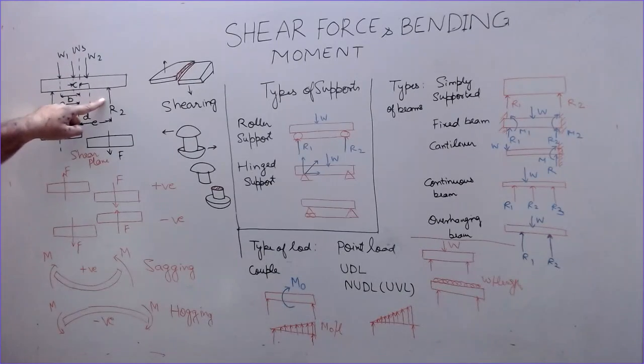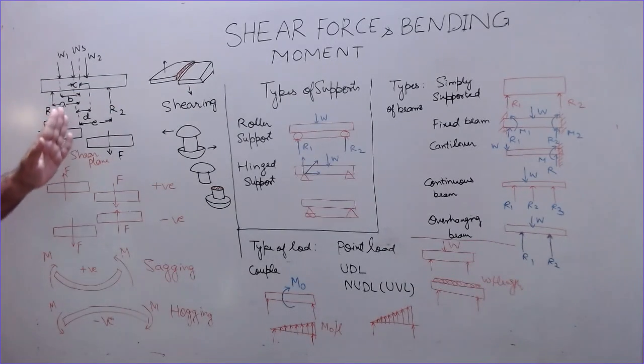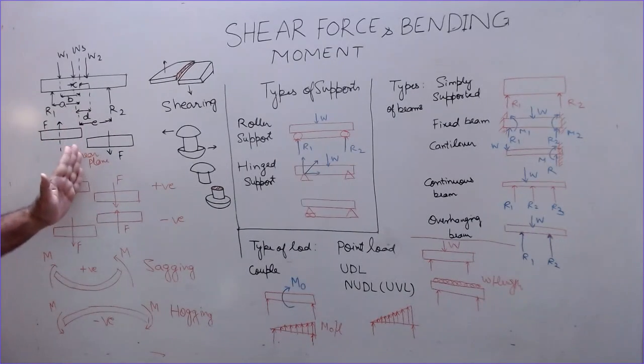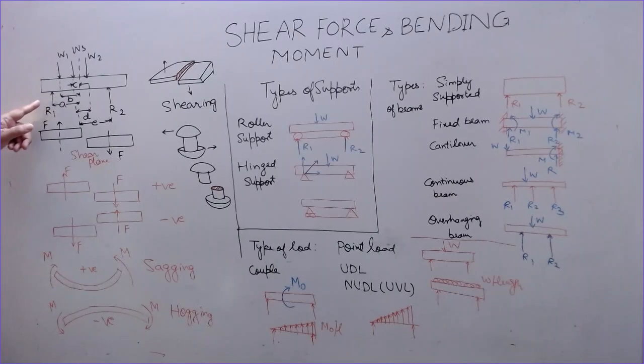And on this side, it is in the downward direction, so this is the downward force minus the upward force W2. If I take the moment of all the forces on the left side about this plane, I will take the moment in the clockwise direction as well.